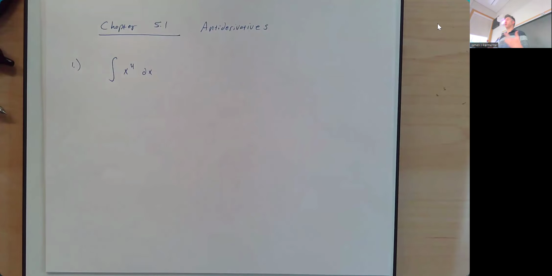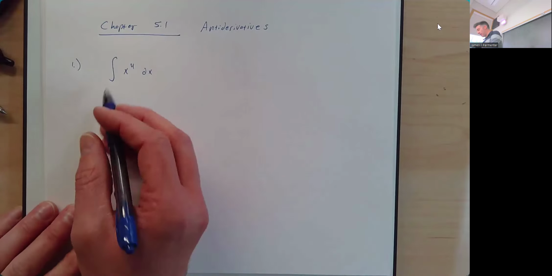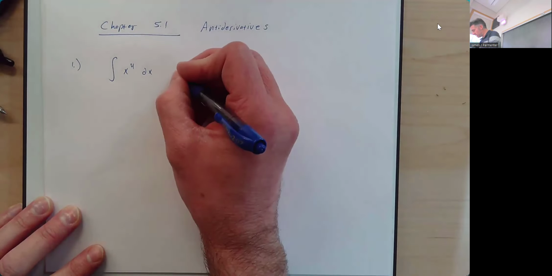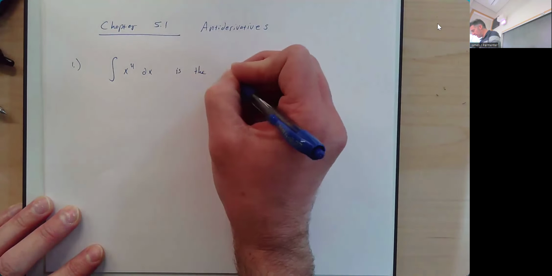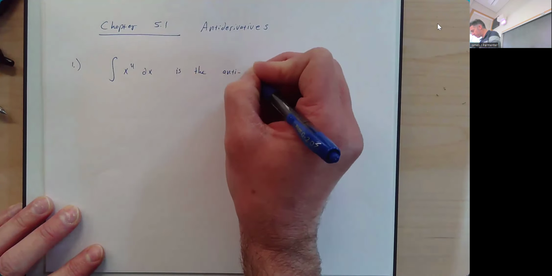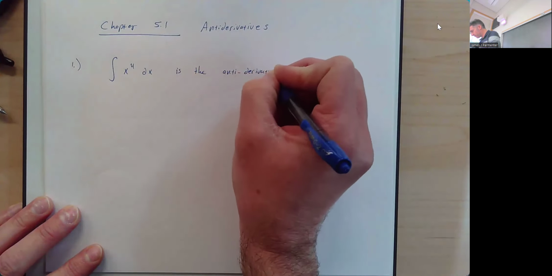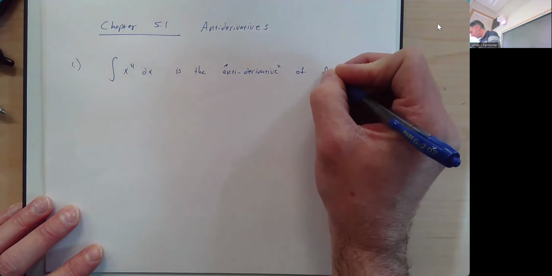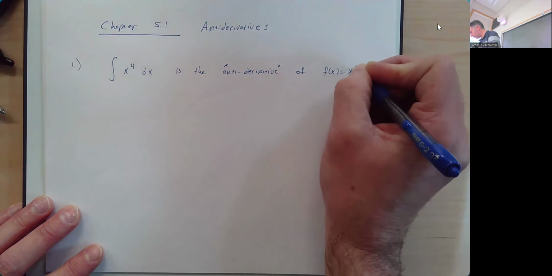And there's a nice relationship between integrals and antiderivatives. But for now, when you see this symbol, I just want you to think, oh, we're taking the antiderivative. So the antiderivative of x to the fourth with respect to x is the antiderivative of f of x equal to x to the fourth.